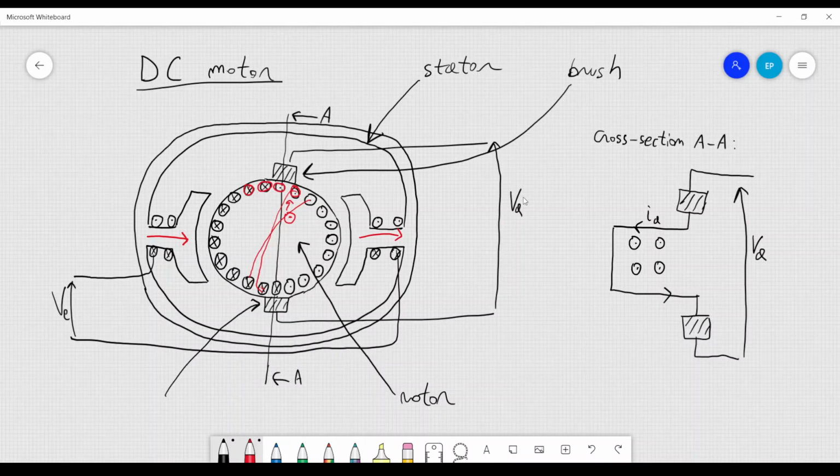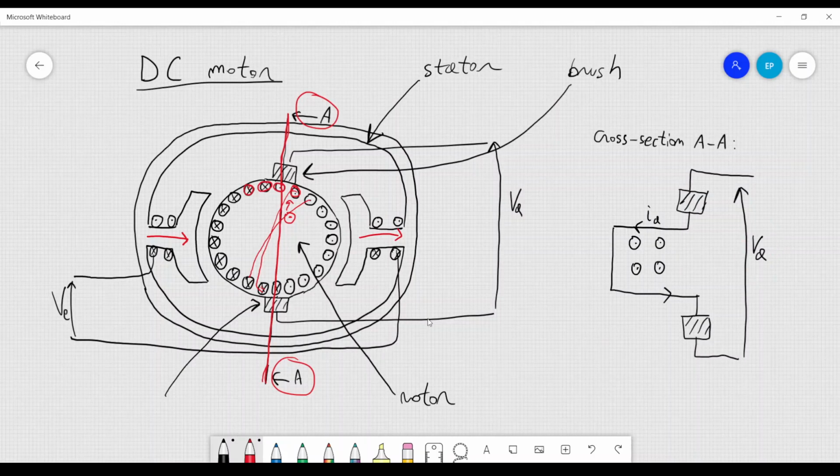If we take a cross-section of the motor, in particular this section here that I have highlighted in red, section AA, we have the sketch on the right. We see the brushes here. Then we have one of the coils that I am highlighting now in red, and then we see the flux, the magnetic flux passing through the coil, and also the voltage, of course.